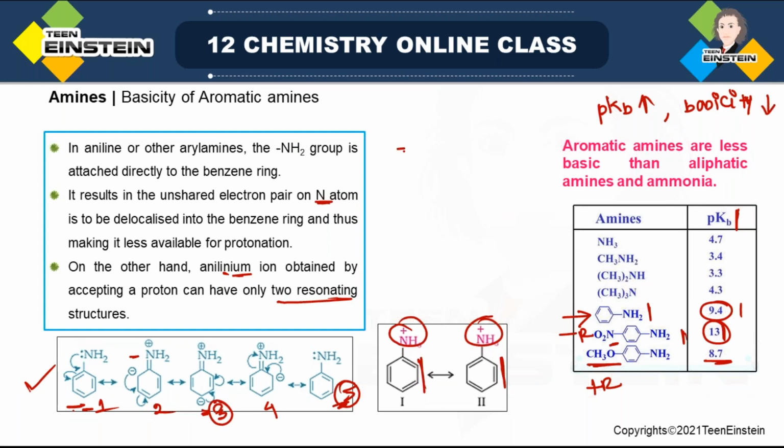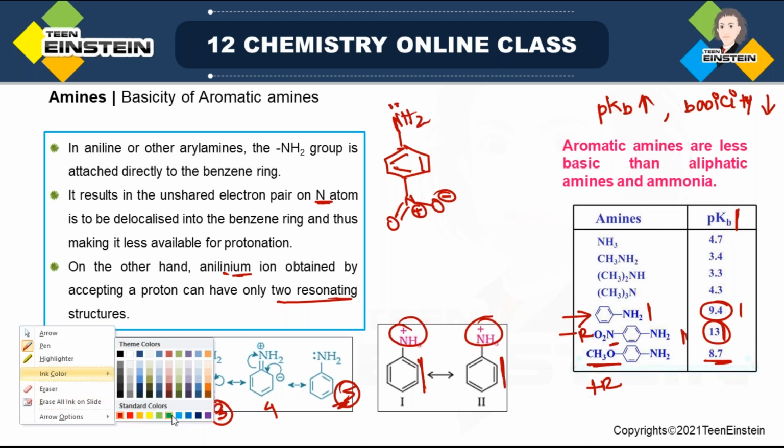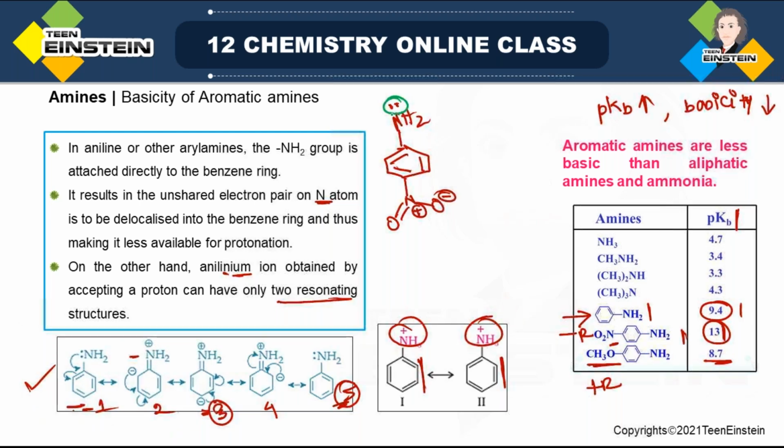aniline, this type of resonance is possible. If I write the nitrogen, that is NO2, this is the actual structure, then NH2. So in normal aniline, there is no group at the 4 position which is drawing the electron, but now there is some group which can draw this electron.